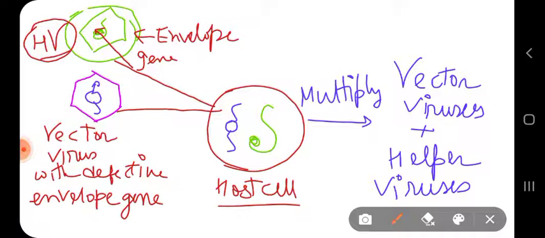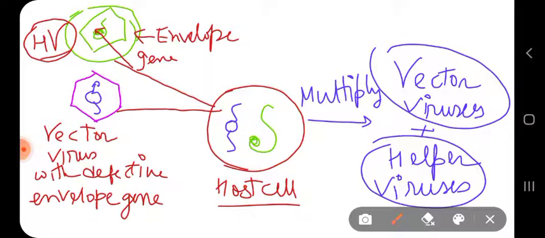With the help of the helper virus, we will try to introduce that vector virus into our target host cell. There it will multiply and millions of vector virus as well as helper virus will be produced. The vector virus then can be separated from the helper virus by purification techniques.